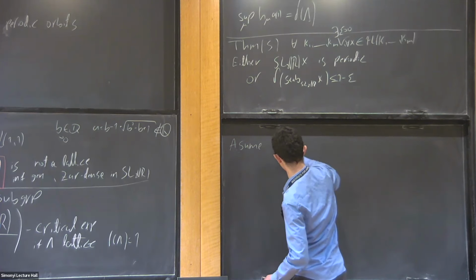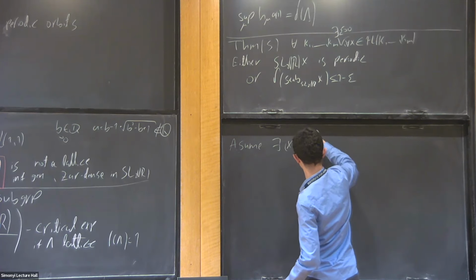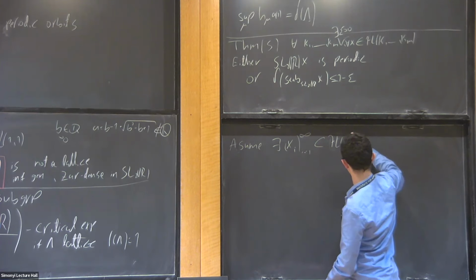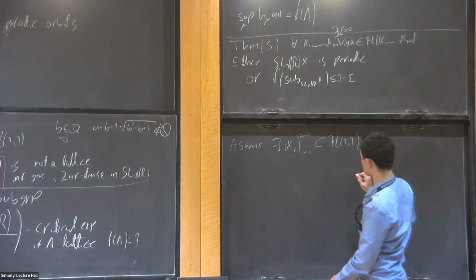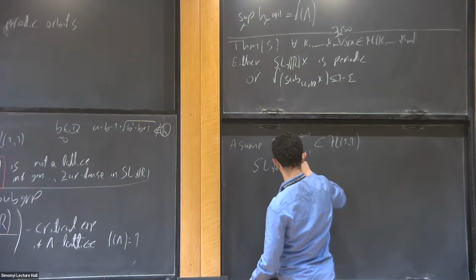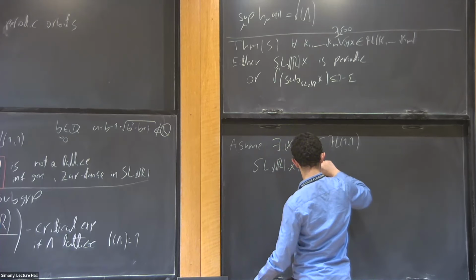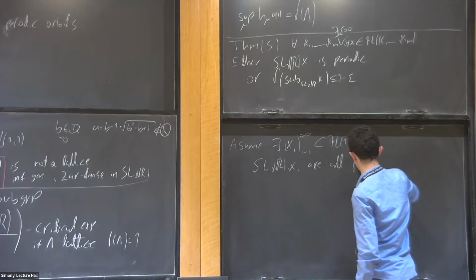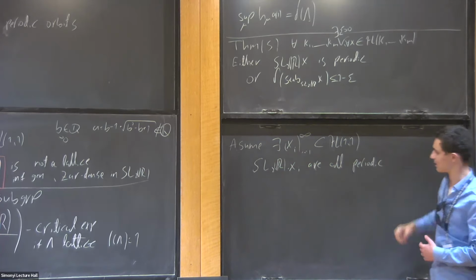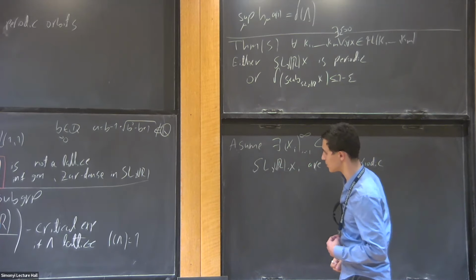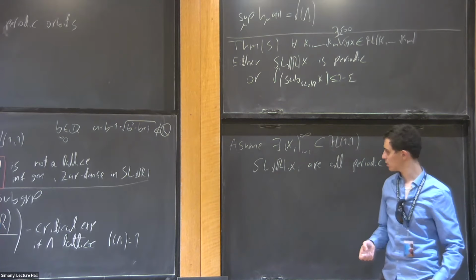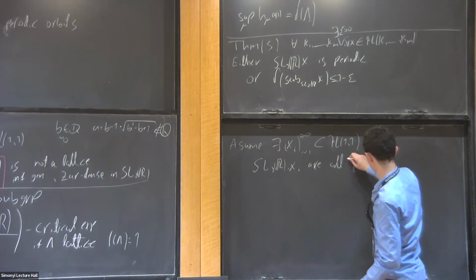Assume there exist x_i, i from 1 to infinity, inside H11, so that the SL2(R) orbits of x_i are all periodic. That's the assumption. So now the first thing we can do: they are all distinct from one another.